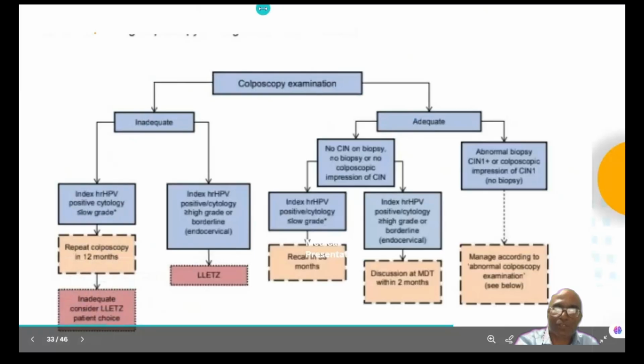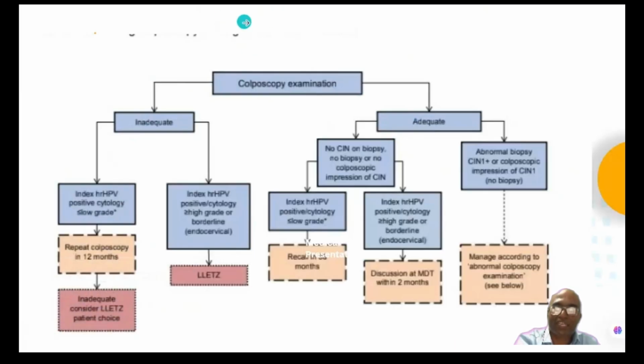This is also a scenario they can give you, that HRHPV was positive, cytology was either low grade or high grade, they will mention. Then definitely the patient requires colposcopy. The colposcopy is done, but you concentrate on whether it was adequate or inadequate. If it was inadequate, go back and see the cytology report.